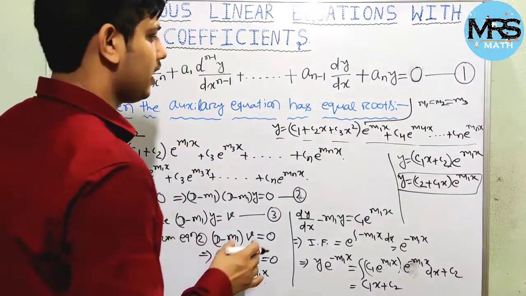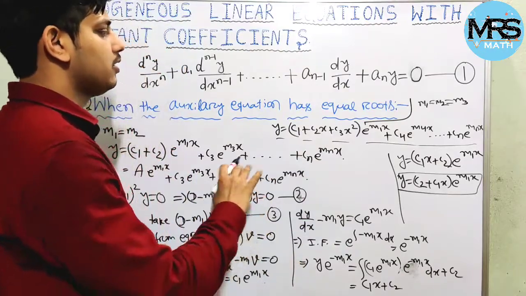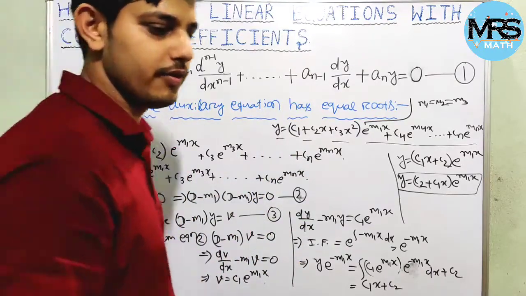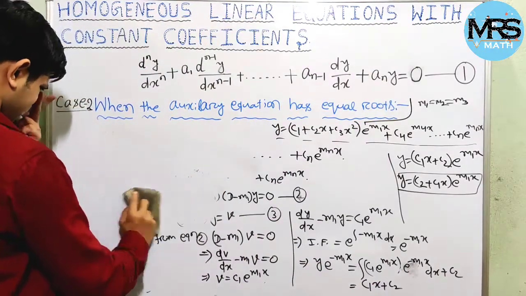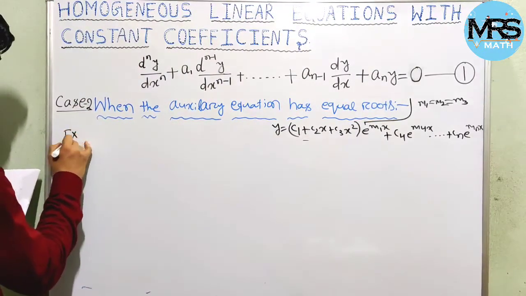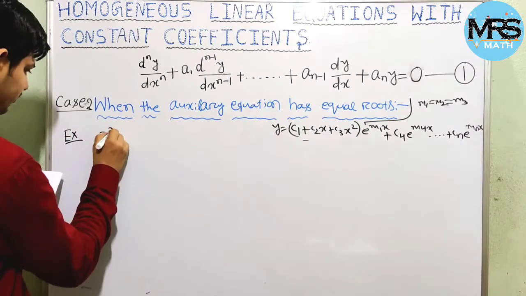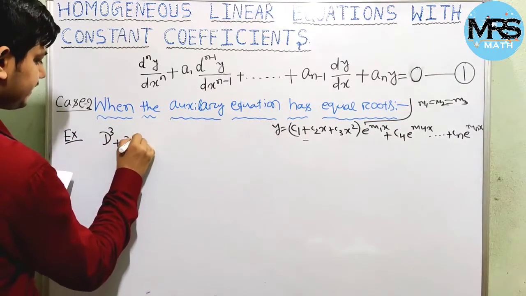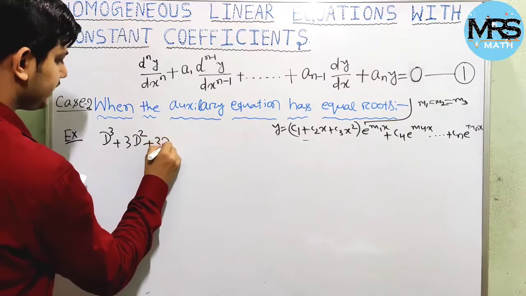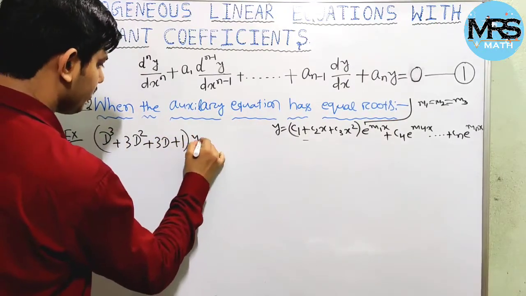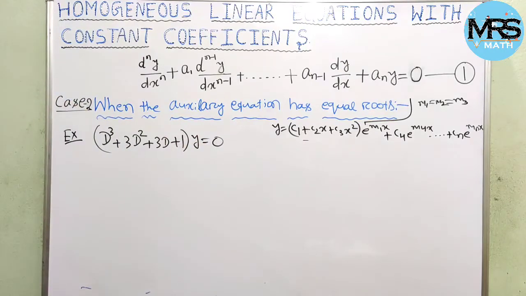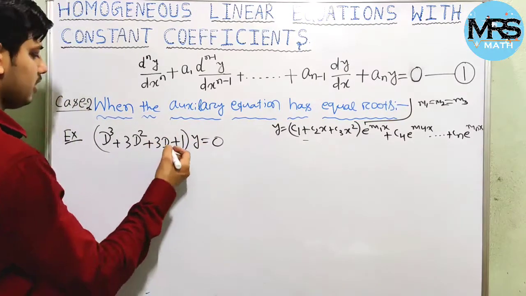So now we will take one example and find the general solution. The example is d cube plus 3d square plus 3d plus 1, into y equal to 0. Let us say this is one equation.